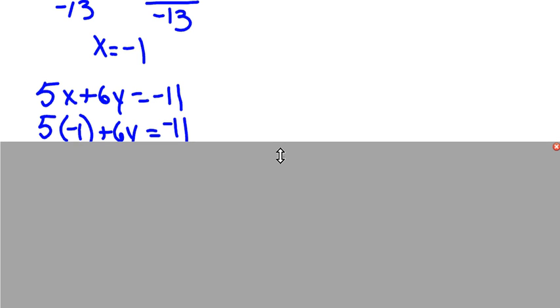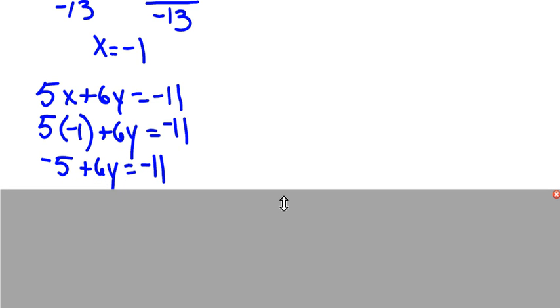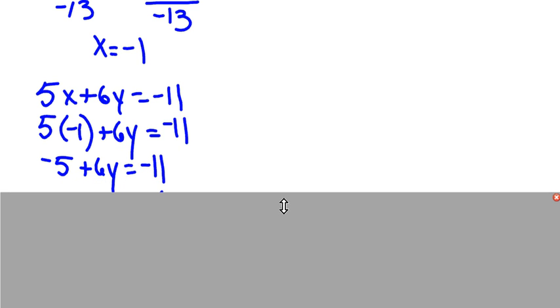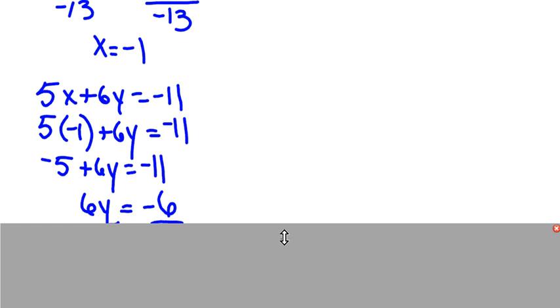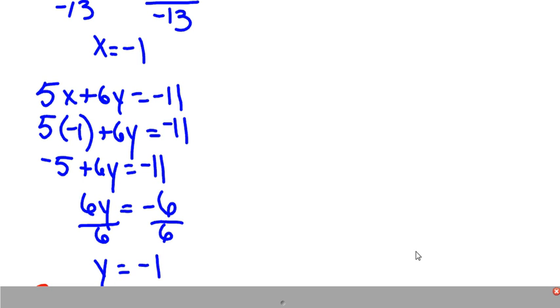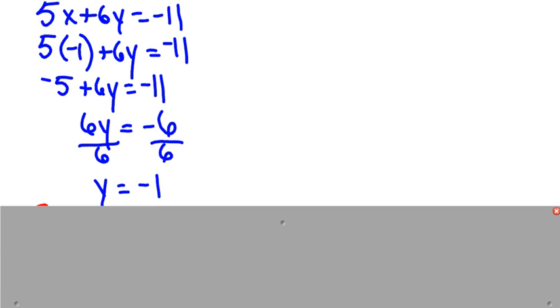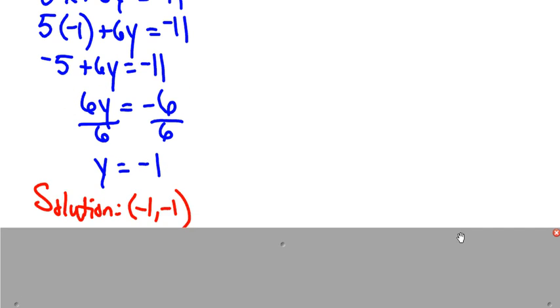If I substitute negative 1 in for x, I would have negative 5 plus 6y equals negative 11. We just undo the equation to get y alone, so that means I'd have to add 5 to each side. So 6y equals negative 6. Then to get y alone, we divide each side by 6, so y equals negative 1. So it appears our solution would be negative 1, negative 1.